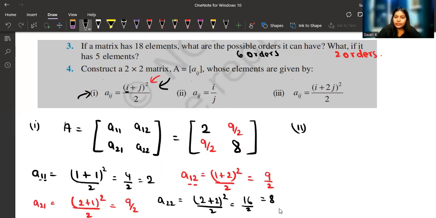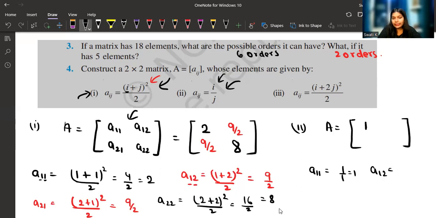The second one also is going to be this only, A11, A12, A21, A22. It's just that in the second one, we have to use this formula. So I'm going to use the same formula. So what will be A11? That means I is 1, J is 1. So according to the general formula that is given, it is 1 upon 1. That is 1 only. So the first entry is 1. Now the next one is A12.